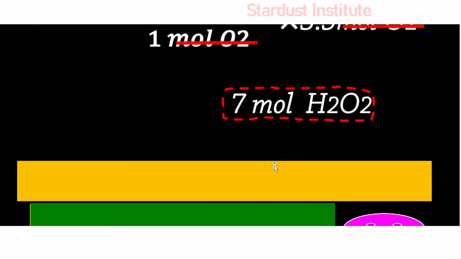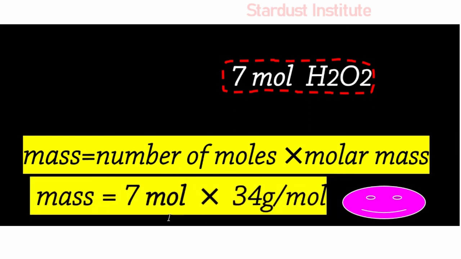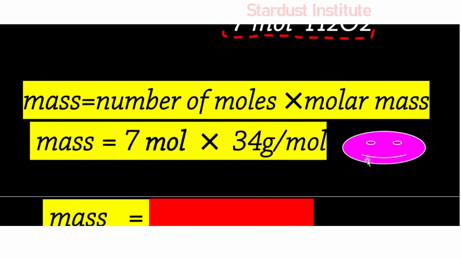We know mass equals number of moles times molar mass. We have found the number of moles, 7 moles. 7 moles times molar mass of hydrogen peroxide is 34 gram per mole. Here we can cancel out mole.